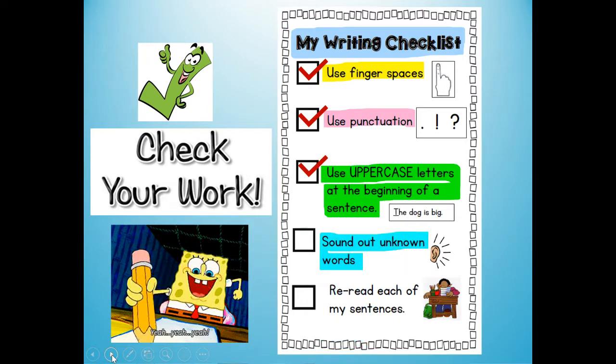And when you wrote a word you didn't know how to spell, did you sound out the words and write the sounds you hear? And then my favorite, I want you to go back and reread each of your 4 sentences, making sure that they make sense. So if you need to, you can push pause and read your 4 sentences and make sure you have these things off your writing checklist.